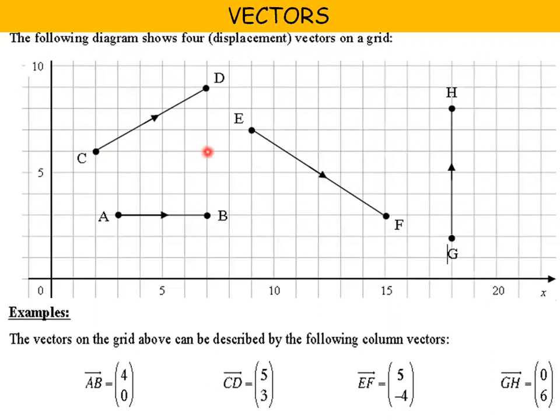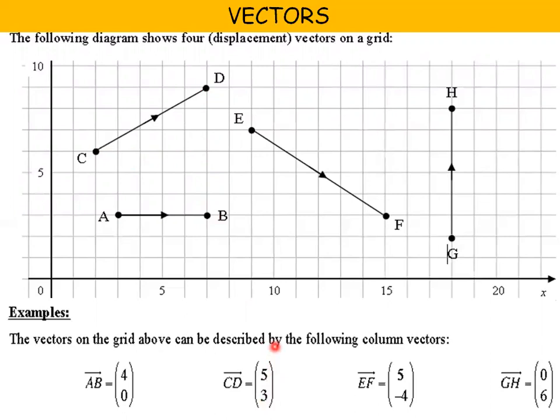I have moved 5 steps to my right. Then 1, 2, 3, 3 up. So we have 5 to the right and 3 up. 5 to the right is going to be plus 5, and then 3 up will be plus 3. So the column vector for CD is (5, 3).